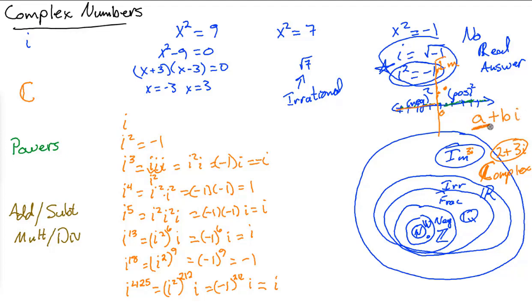They have a real number and an imaginary number. So the purely imaginary numbers like 3i actually look like 0 plus 3i. They just have a 0 real part. And the purely real numbers, like our good old friend 7, would be 7 plus 0i. They mean the exact same thing, but this is the standard form for a complex number. And complex numbers include everything that we've ever done, the irrational ones, the ugly ones, and the newly found imaginary ones.